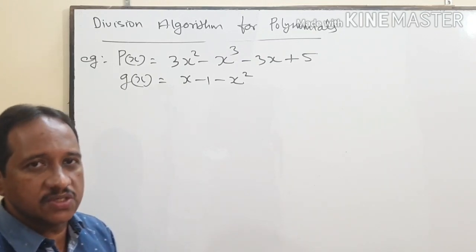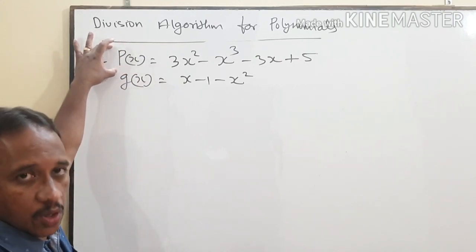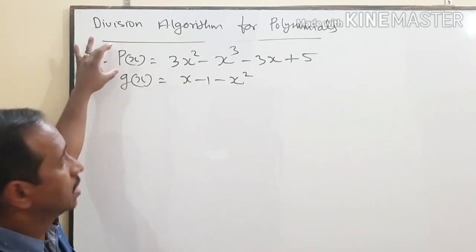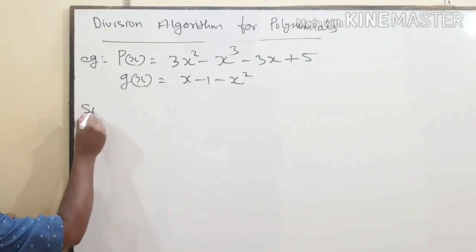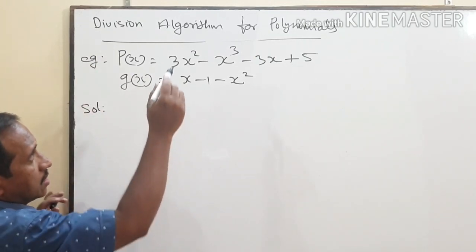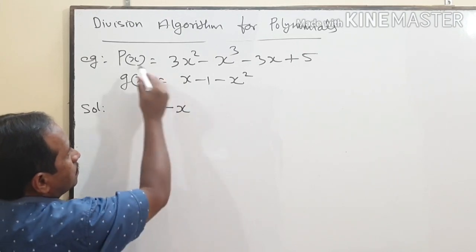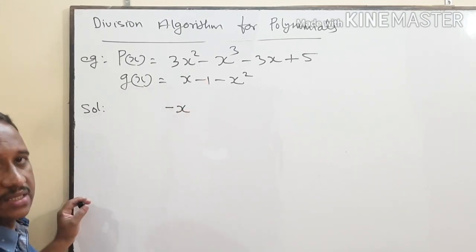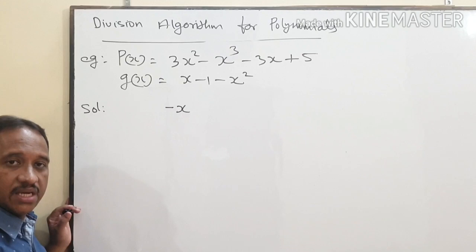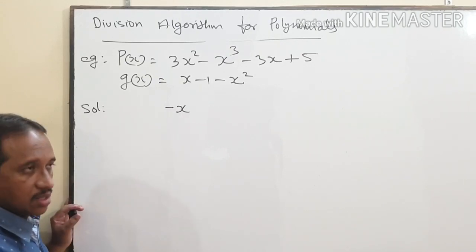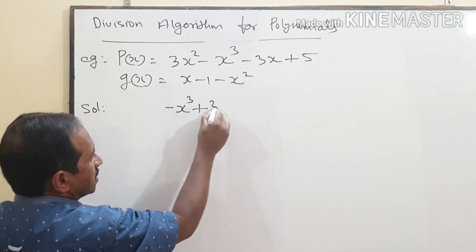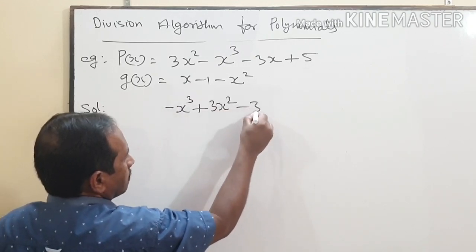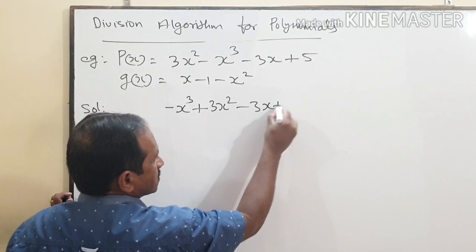Here the first step is to divide the p of x, that is the dividend polynomial, by g of x. When you write p of x, make sure that the powers of the variable x are in the descending order. So I write minus x cube first plus 3x square minus 3x plus 5.